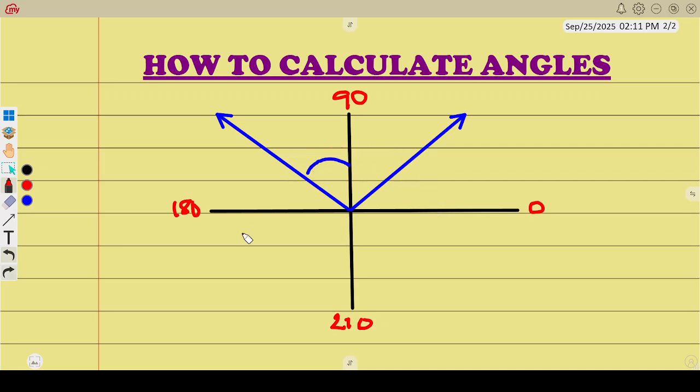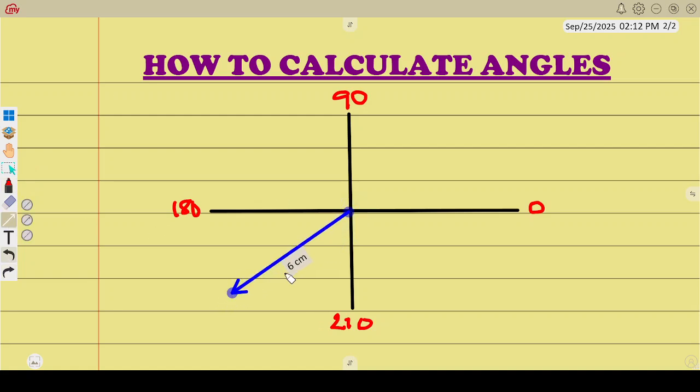If an angle is in here, you say 90 plus whatever angle is here, because it is increasing from 90. So an angle which is in here, you add to 90. If an angle is in there, you subtract from 90. That's how you quickly read from the positive x-axis. Let's quickly proceed and look at another scenario.